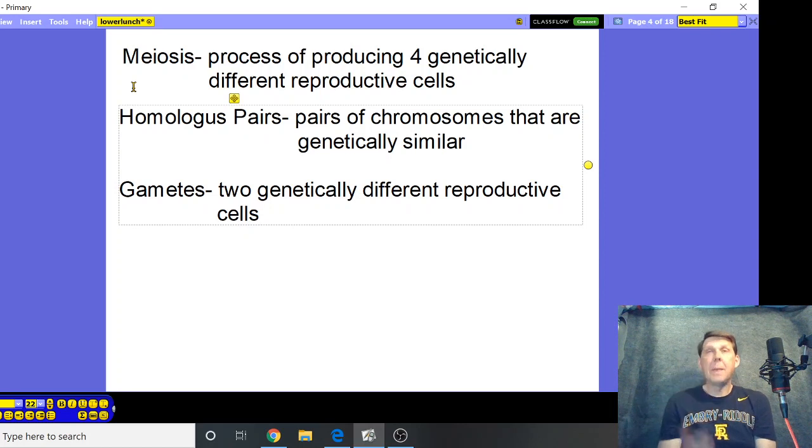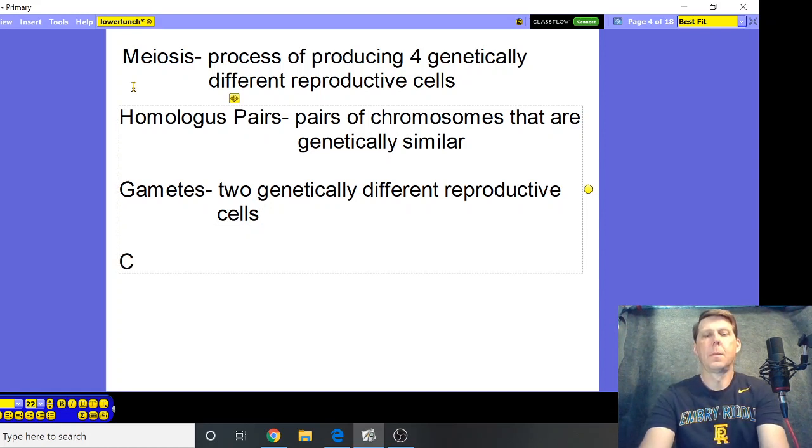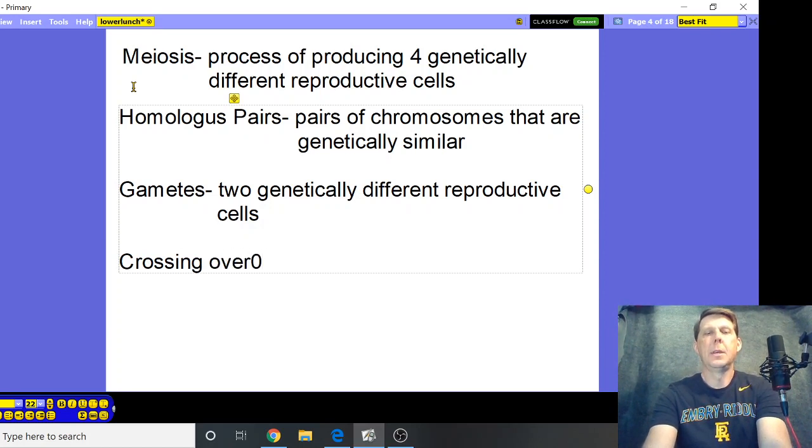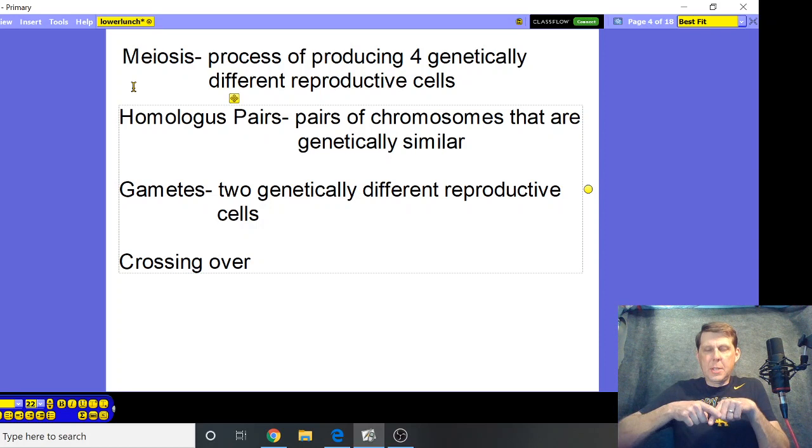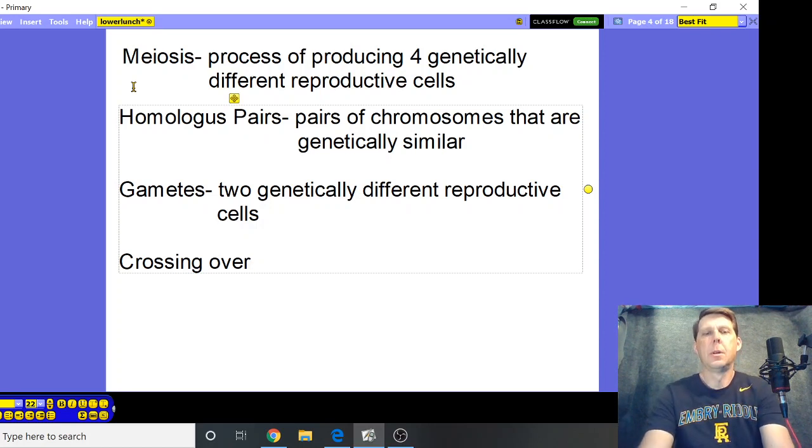So in the case of the salmon yesterday, or birds or dogs or cats, or you and your brother and sister, you are not genetically identical unless you're twins. You're going to look similar-ish maybe, but because of that crossing over, and that is when those chromosomes, when they're lining up with their homologous pair, sometimes they cross over and switch genetic material.